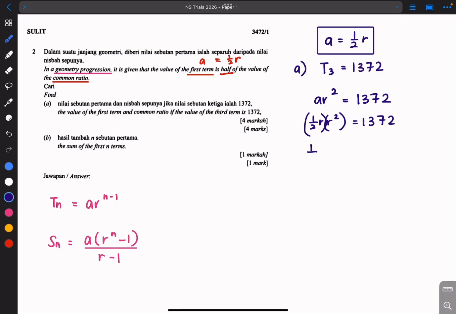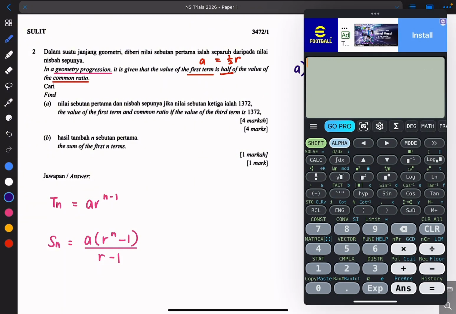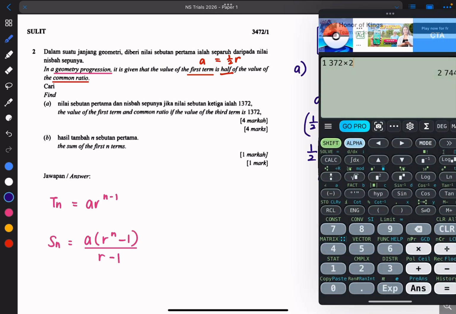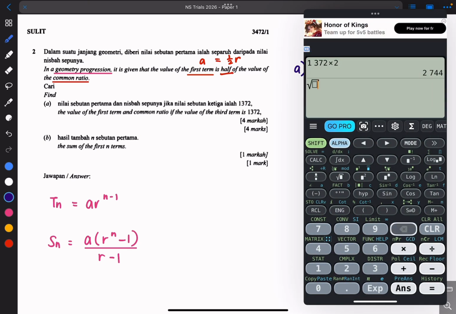We multiply this, and we get 1 over 2 R cubed is 1372. Then R cubed will be 1372 times 2. So 1372 times 2 is 2744. So R will be the cube root of 2744. We get 14.